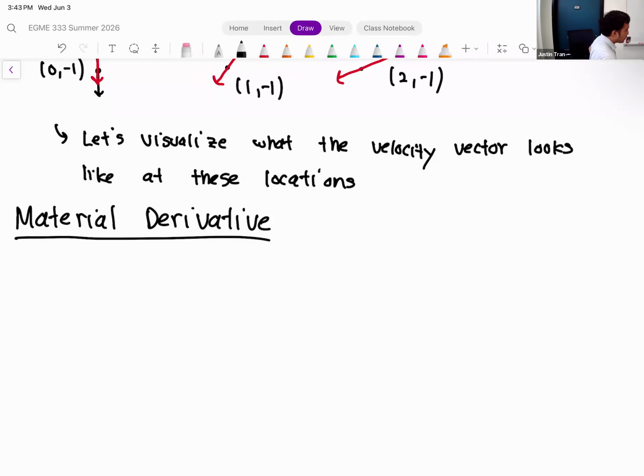So the material derivative, you can think of it as a specialized derivative that we use in fluid mechanics.